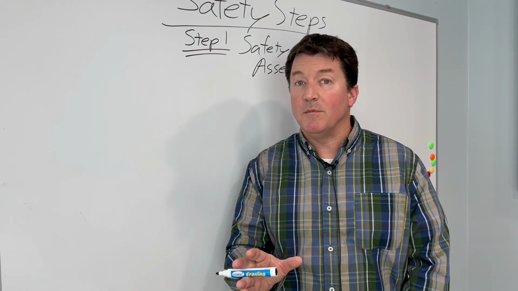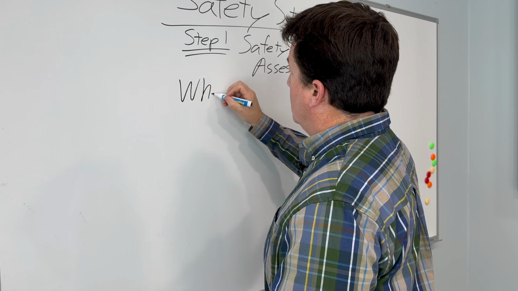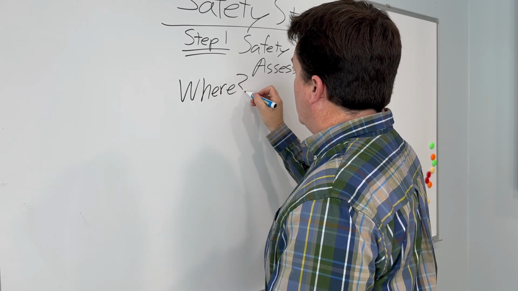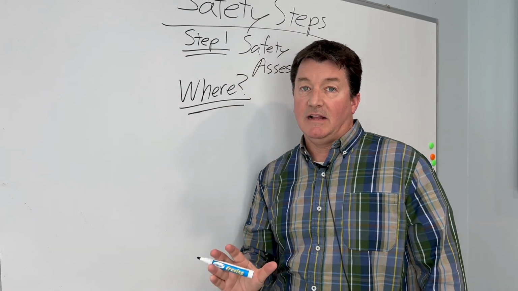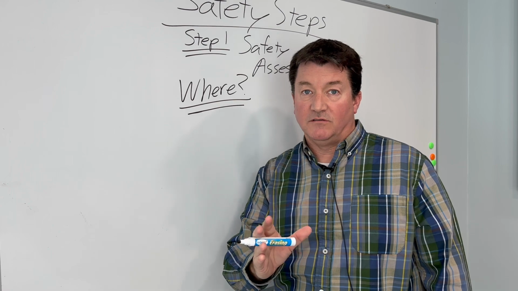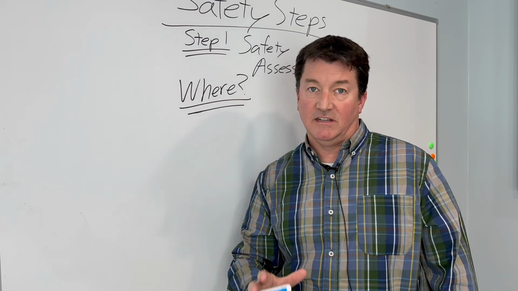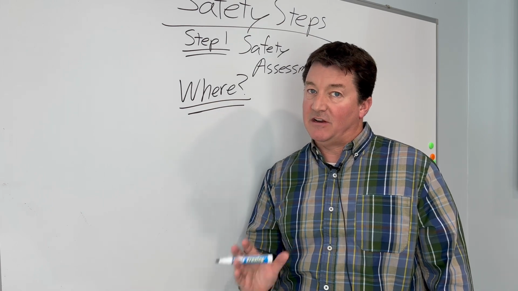In fact, that's probably the most important question you can ask. Where is someone most likely to get hurt on the job? Ask your supervisors this. Ask your managers this. Find out where is someone most likely to get hurt.